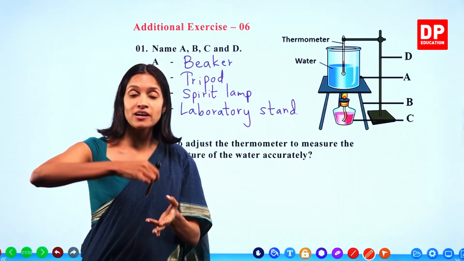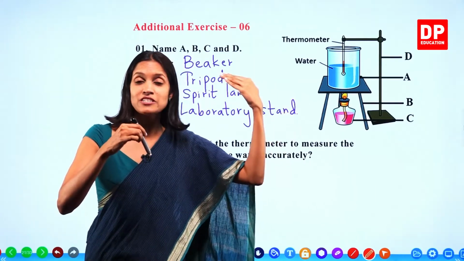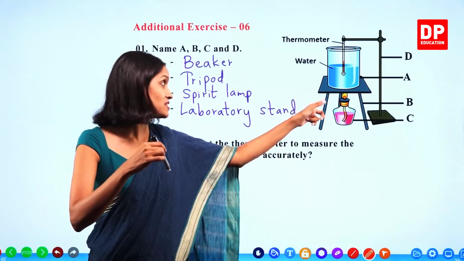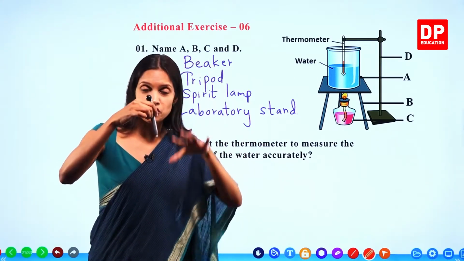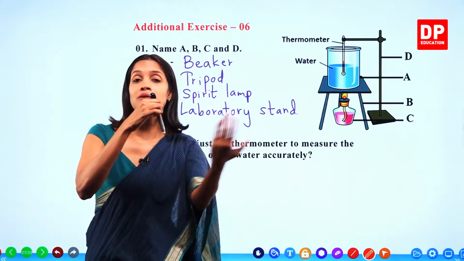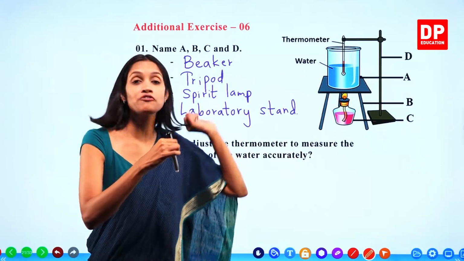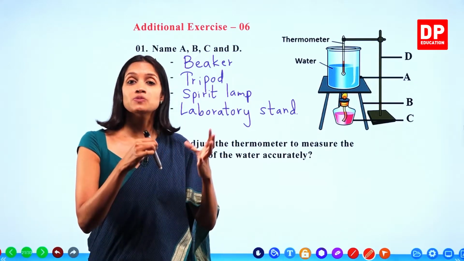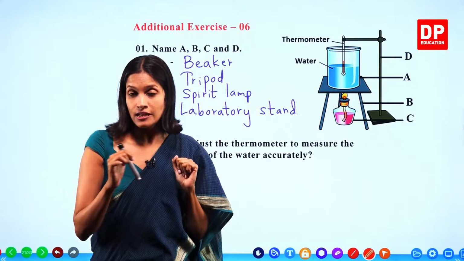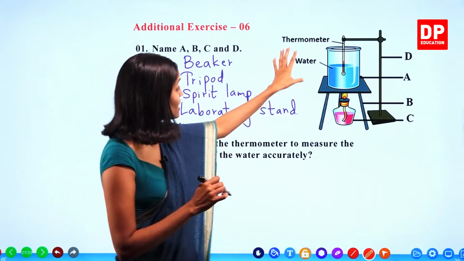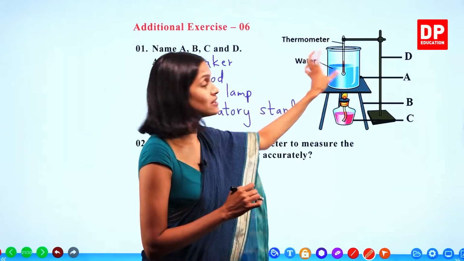The moment you take the bulb out of this water, because the outside temperature is less than that of water, because here we are heating water, what happens, children? The mercury column drops because the bulb feels the temperature of the outside environment, not the temperature of the water. Therefore, because of reduction of heat, the mercury column drops. Right? Therefore, when you read the thermometer, the bulb of the thermometer should be still inside the water.